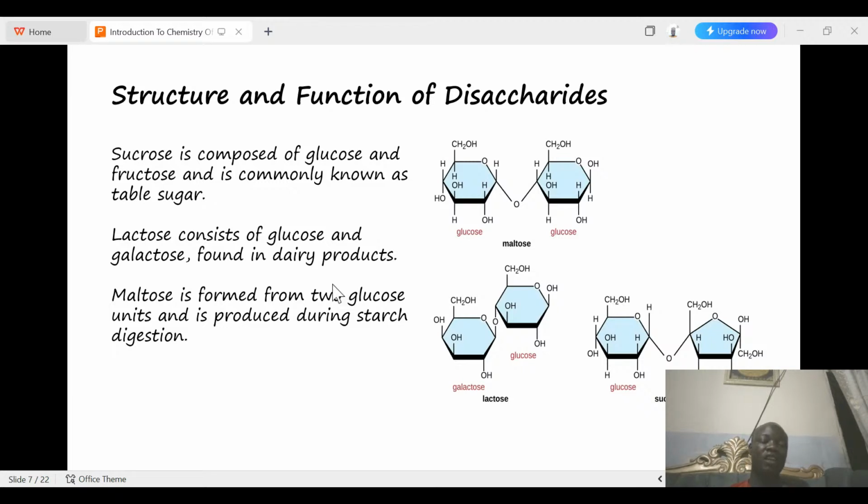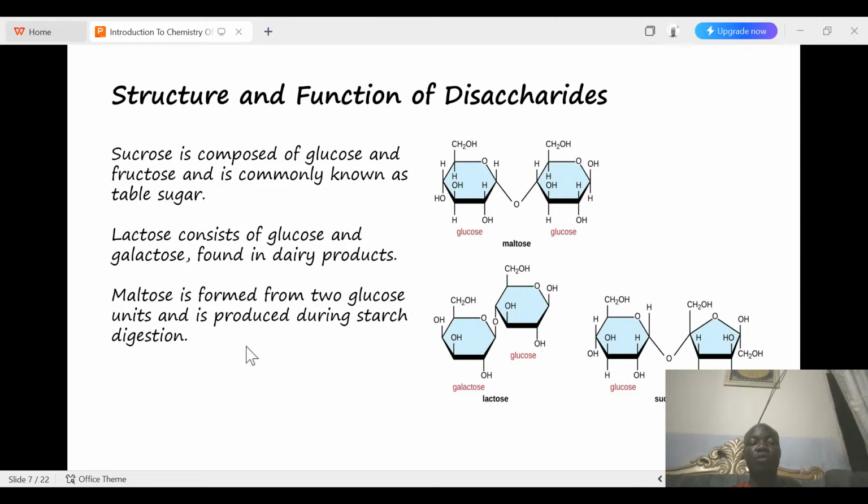Okay, excellent. So we're now talking about maltose. We said lactose is found in dairy products, and the next one is maltose. Maltose is another example of a disaccharide, made of two molecules of glucose.